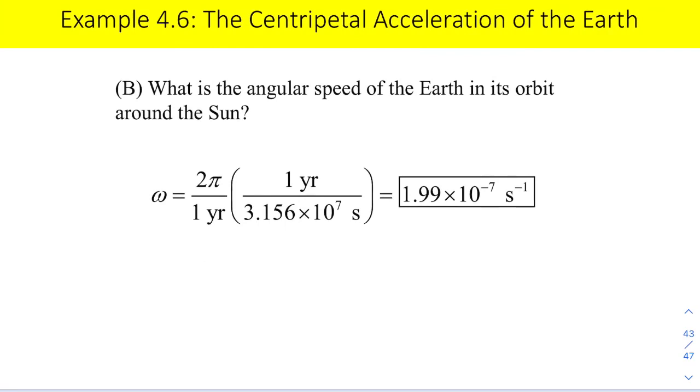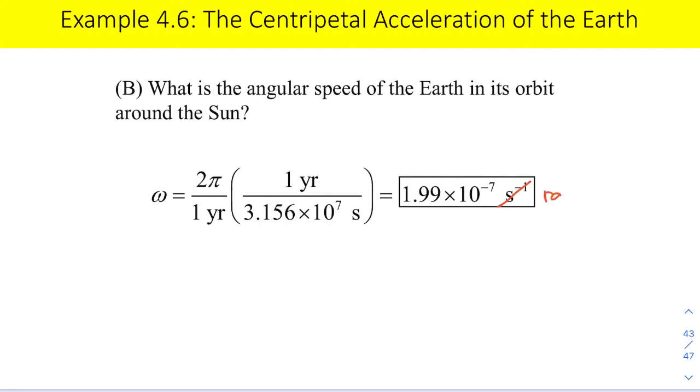B, what is the angular speed of the Earth in its orbit around the Sun? For angular speed, no need to determine whether it's clockwise or counterclockwise. So omega is the distance traveled for one circle, 2 pi, over the time taken, 1 year for the Earth to orbit the Sun. So you get this answer. This is supposed to be radian per second, let me amend it.